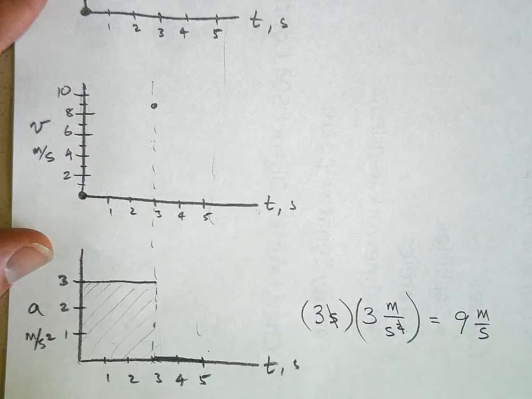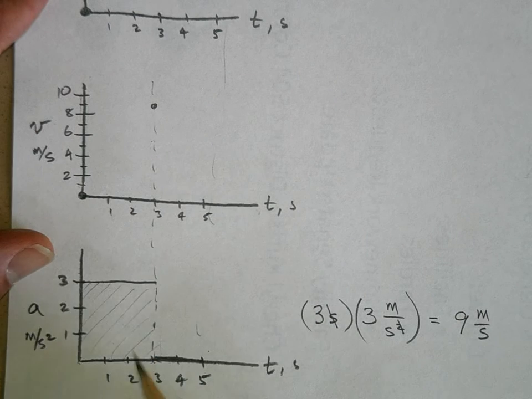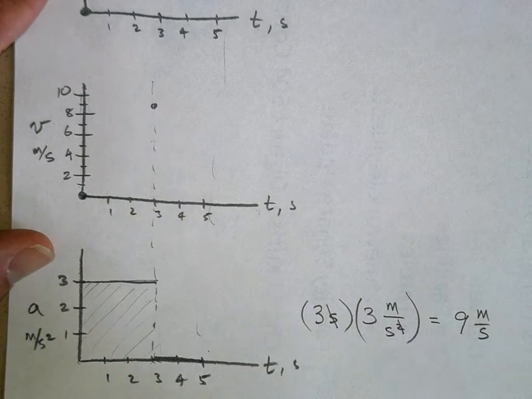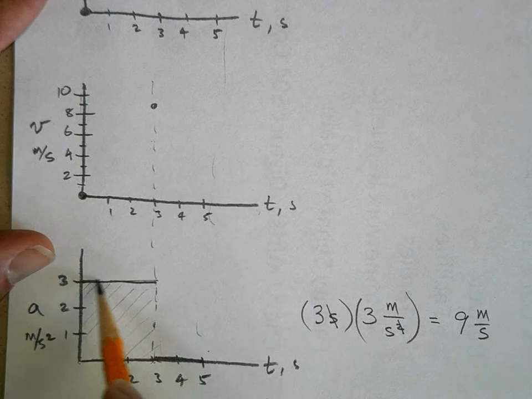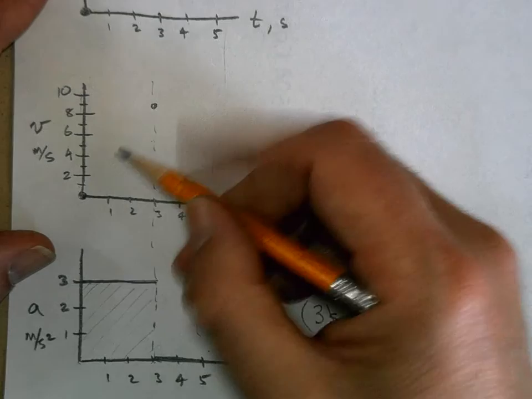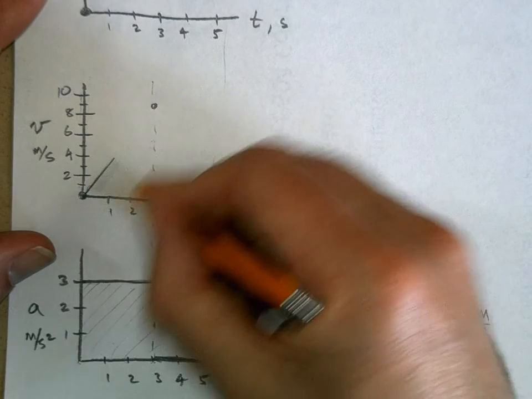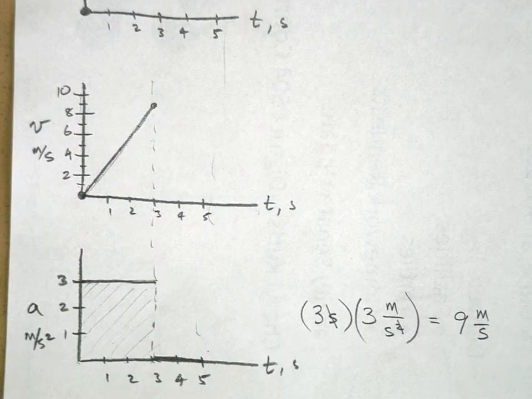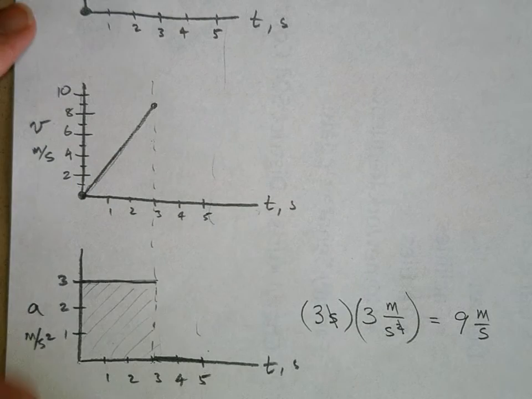I also know this. Acceleration is the slope of my velocity versus time graph. And so since this acceleration is constant, that means this has a constant slope. So this is going to be a straight line. Like that.